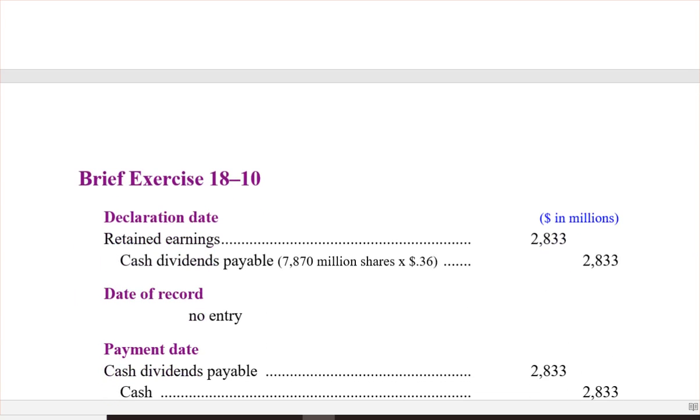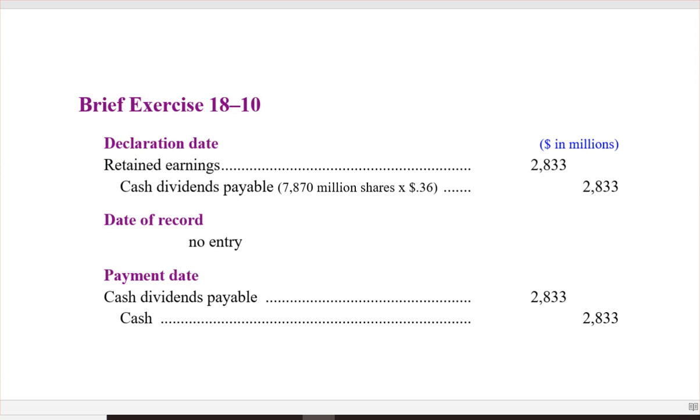Well, the debit amount is going to go on the declaration date to retained earnings. Had this been common stock and not a cash payment of a dividend, you would see the same sort of thing happening, a debit to retained earnings, only it's not a payable because it wouldn't be cash, it would be the common stock that would be going out.